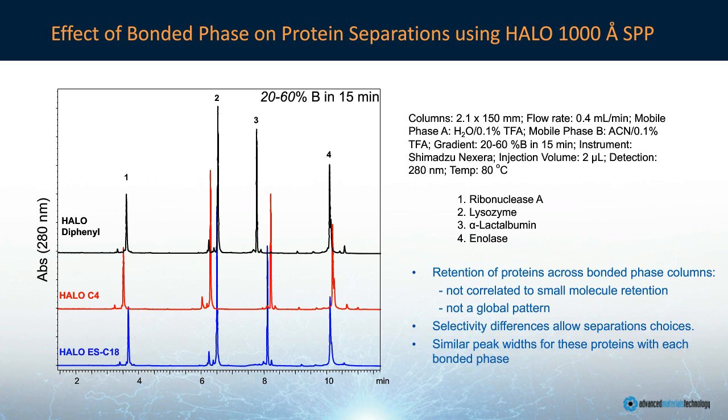Particularly, I'll point your attention to peak number 2, the lysozyme. Diphenyl is showing resolution of those peaks, as well as some increased definition of the peak at the tail end of the enolase, as opposed to these other phases.